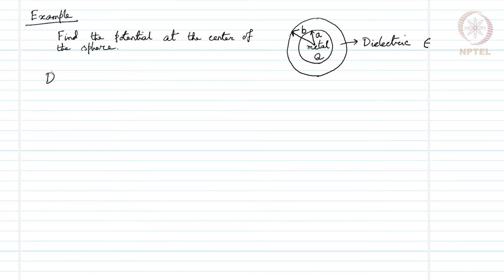The displacement vector in this context outside the metal sphere can be written as q over 4 pi r squared along r cap direction, and this is valid for all points with small r, that is the distance of our point of observation from the center of the sphere, that is greater than the radius of the metal sphere.